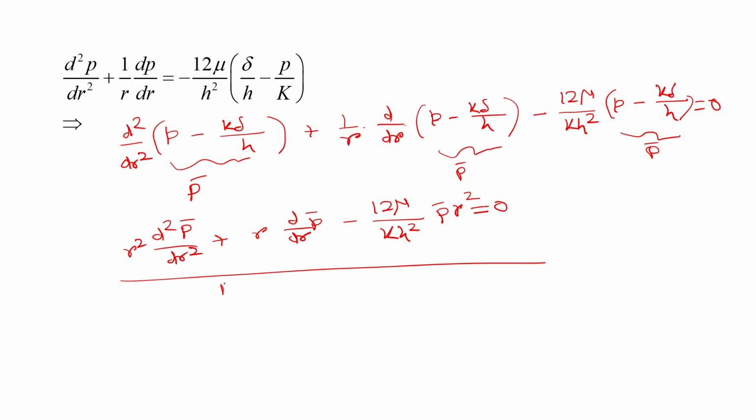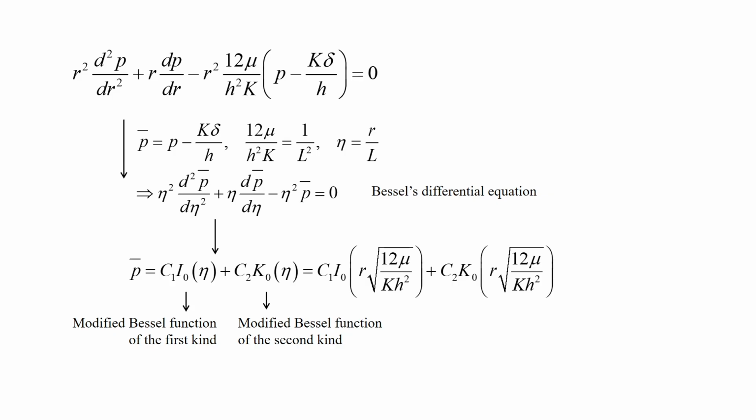So, this is called the modified Bessel equation, and the solution of it is in terms of modified Bessel function. So, p bar will be equal to some constant. I have just written it in terms of this non-dimensional quantity.